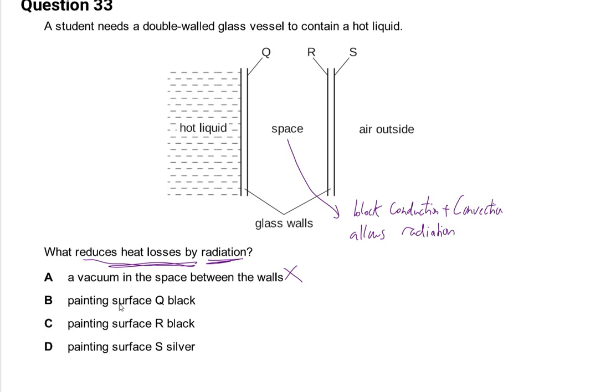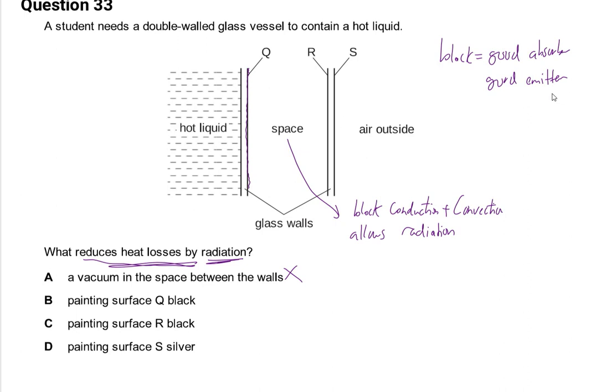Now if they choose to paint, let's go to option B. Paint Q black. So if Q is black, I'm not sure what it's talking about. Okay, so this is black. Now black equals good absorber and good emitter of heat, isn't it?